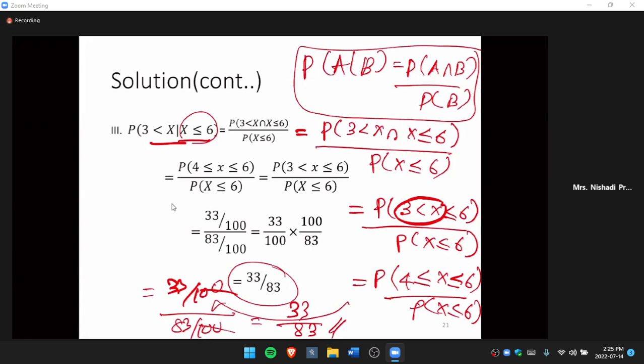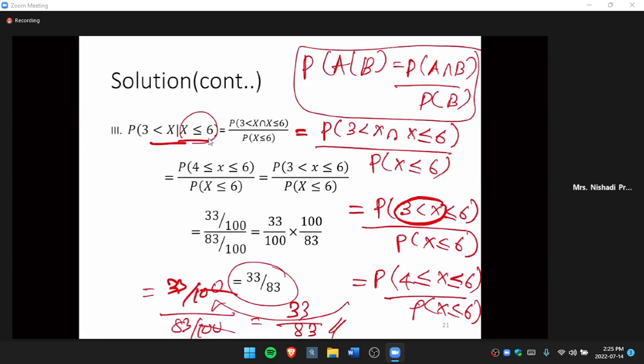Did you understand how to find that probability? This is a conditional probability. If you have a conditional probability, the first thing you have to do is expand it, writing the conditional probability rule with the required probabilities.